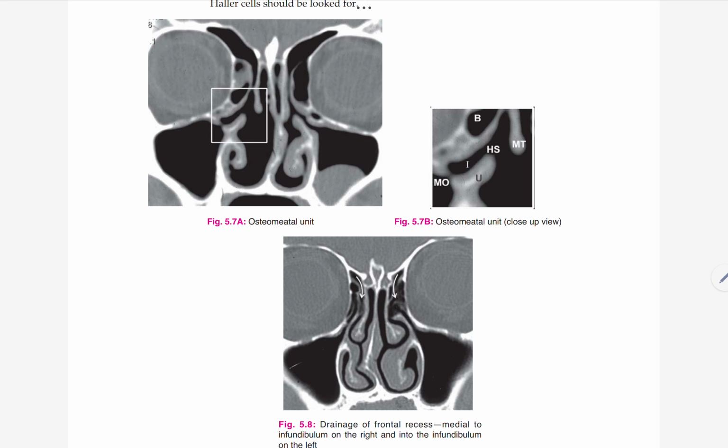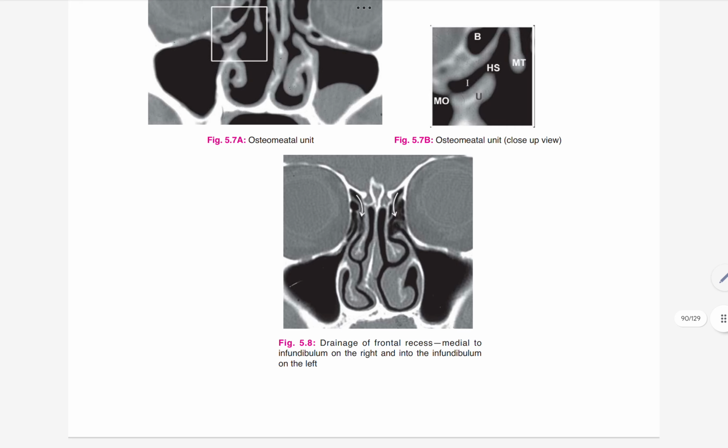We can see the uncinate process, maxillary ostium, infundibulum, hiatus semilunaris, middle turbinate, and the ethmoidal bulla. Drainage of the frontal recess, medial to infundibulum on the right and into the infundibulum on the left.